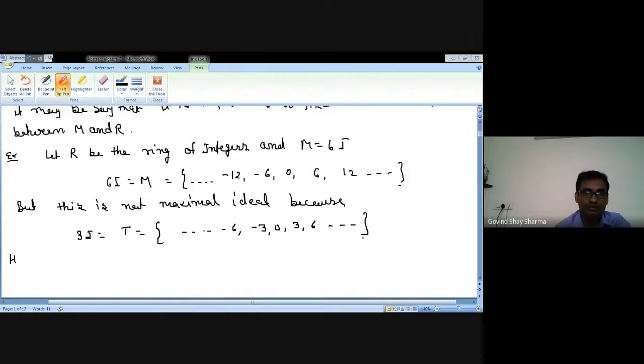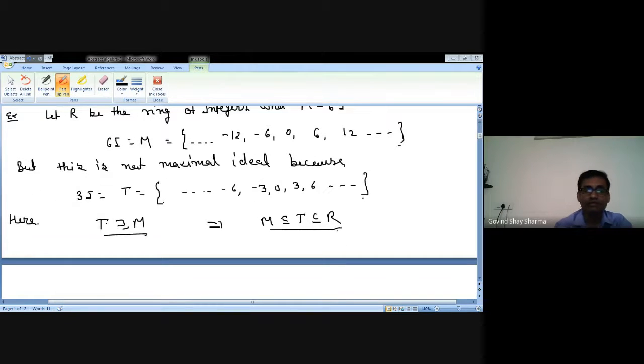Here T contains M, so we can write M is contained in T, which is contained in R. So there exists an ideal which contains M between R and M. So M is not a maximal ideal.